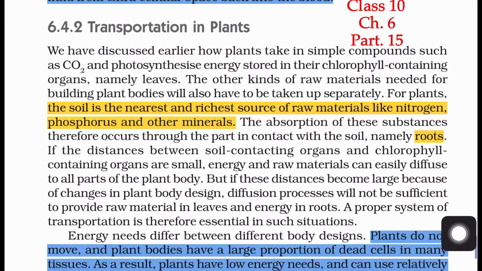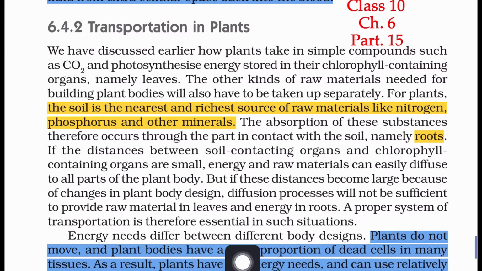So if the plant size is very big, that is, if it is a tree, then diffusion will not be sufficient to take up the minerals from the soil and also to send back the food material to the roots. So there may be some other system or process for transportation. A proper system of transportation is therefore essential in such situations.